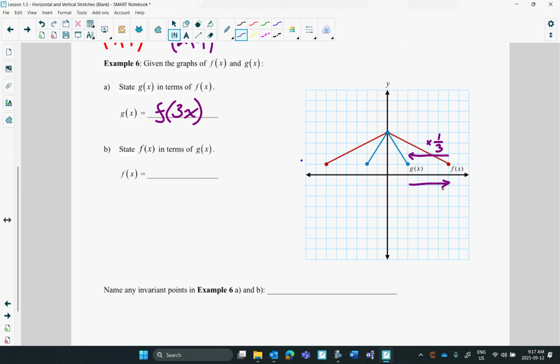What did I multiply to get from 2 to 6? So I times 3. So if I times 3 in the actual stretch, what number goes in the equation? 1/3. And remember, it's g. So it's g of 1/3 of x. I know it's a little hard to wrap your head around at first, but you'll get used to it.